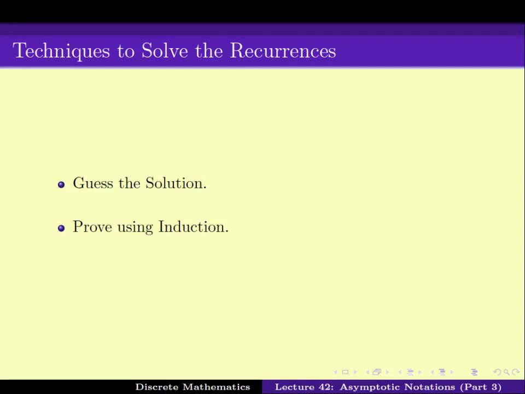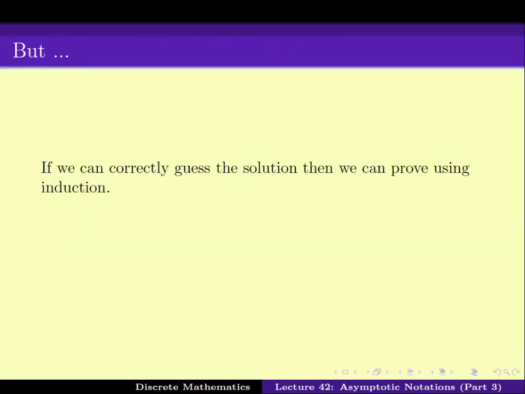So the first one that we learned was that we can guess the solution and then prove by induction. Now this is fine. If you can correctly guess it, then you can use induction to prove it, and that's pretty standard induction proof. But how do you guess the solution?